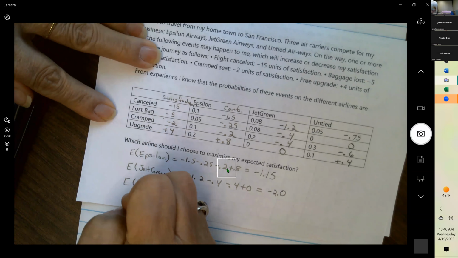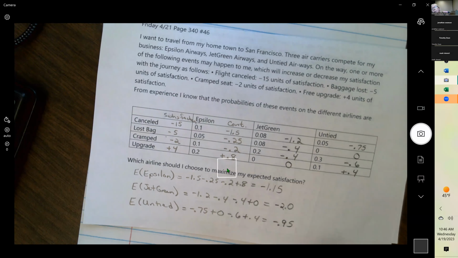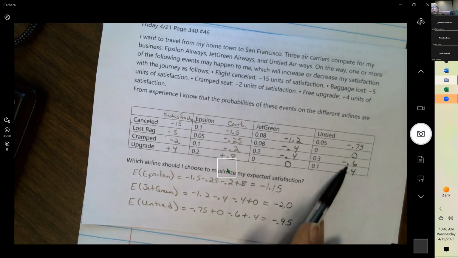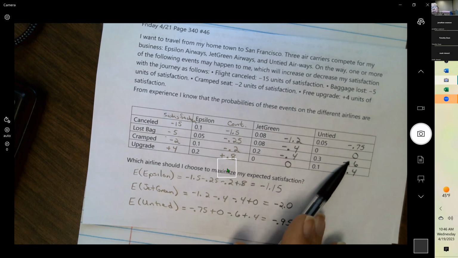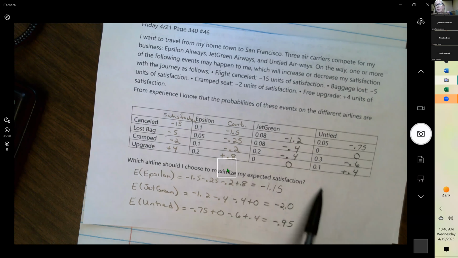What are you getting for Untied? So none of them are positive. But this one is the lowest. So Untied is probably the best one. And notice you're not going to lose your baggage. That's a good thing. And it's highly unlikely that it's canceled.